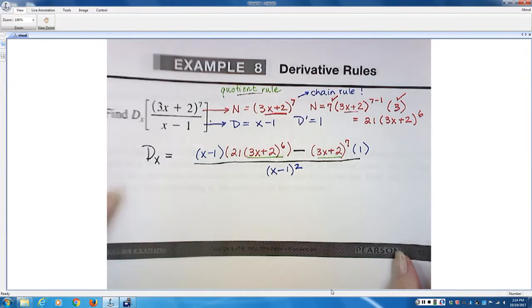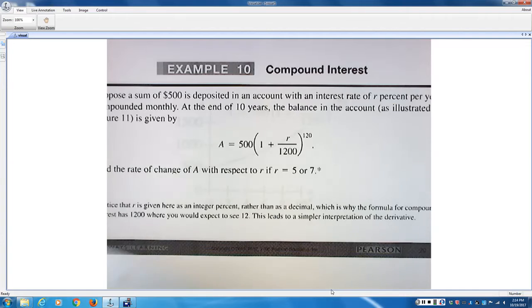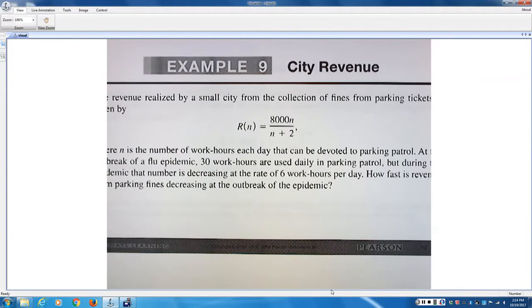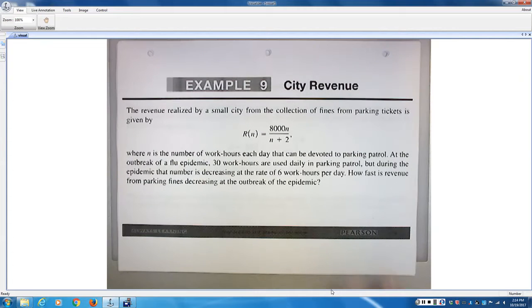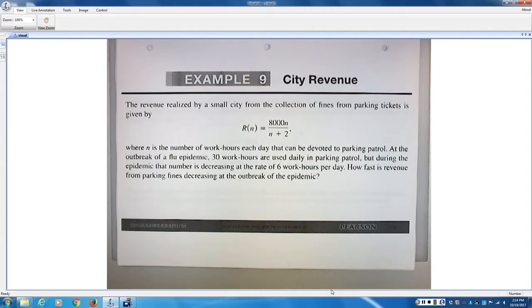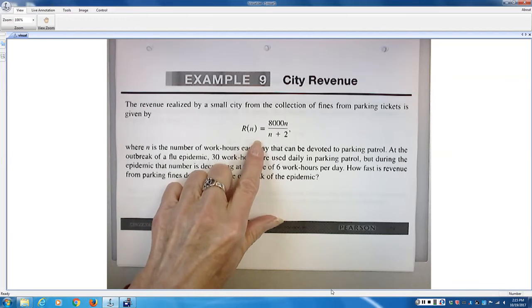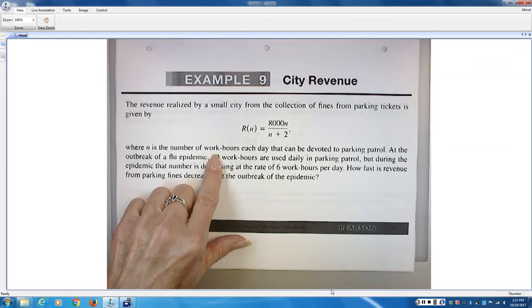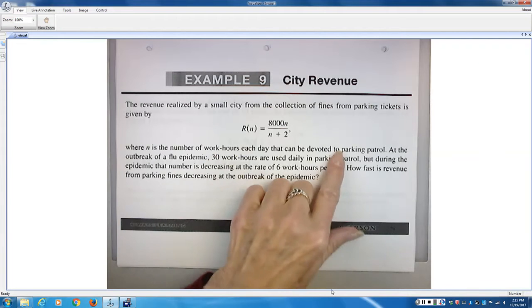Okay, let's take a look at a revenue problem. I have a problem here. It should be in your notes. The revenue realized by a small city from the collection of fines from the parking tickets is given by this function, where N is the number of work hours a day that can be devoted to parking patrol.